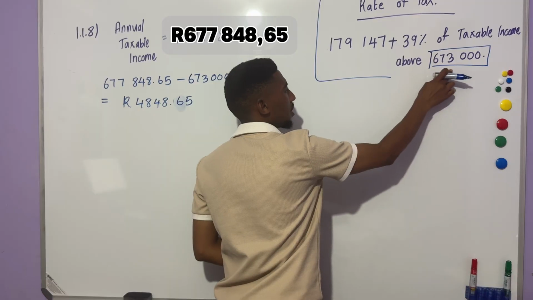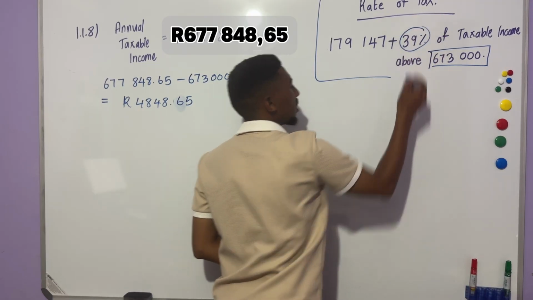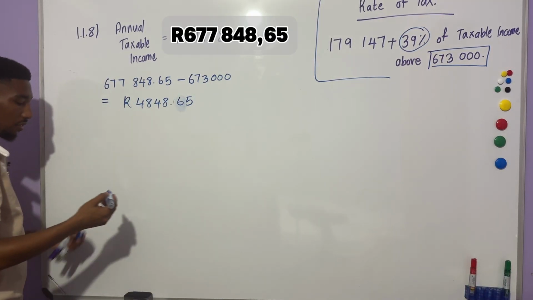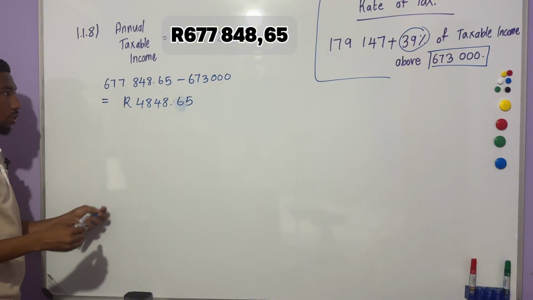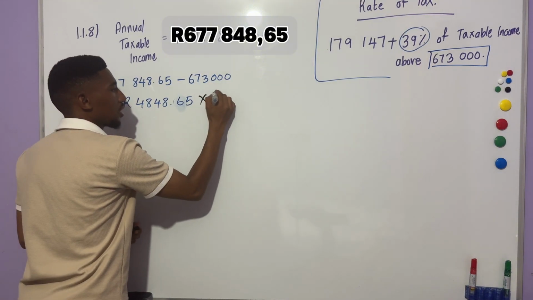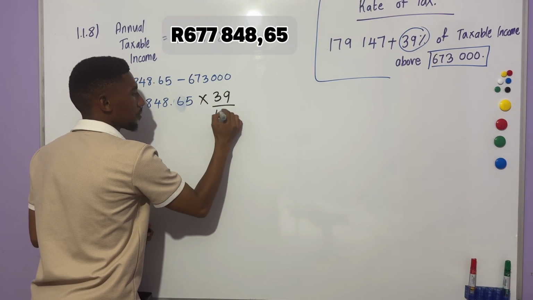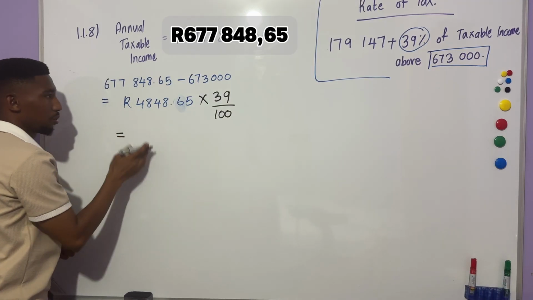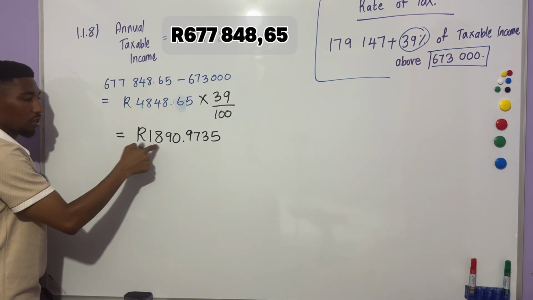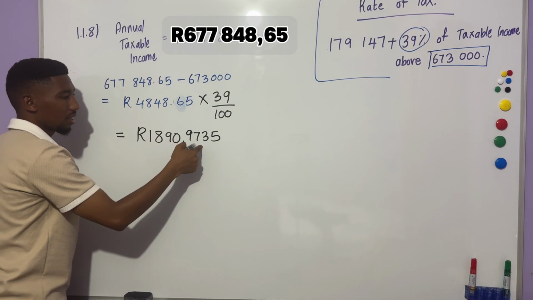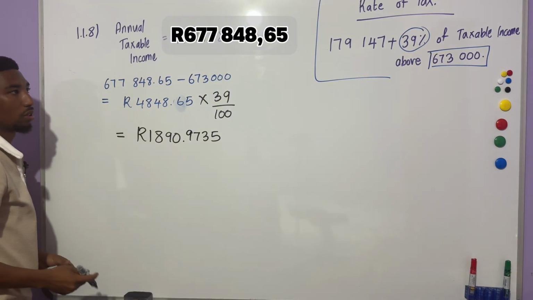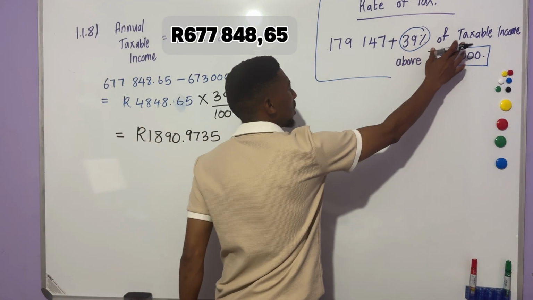Okay, now after we've done that, we're almost working backwards from this rate of tax. First we subtract the 673,000, then we need to find 39% of that. So we find 39% of our answer, and we have 1,890.9735. Okay, so we've done this part over here.